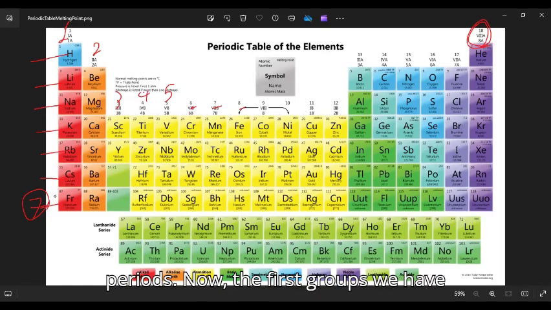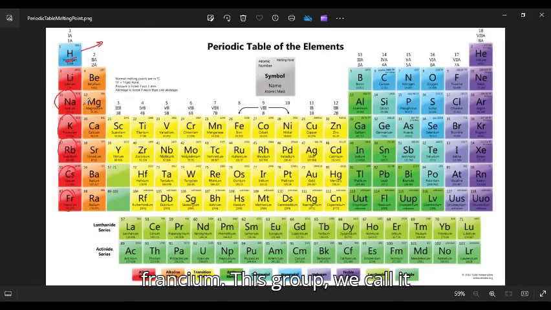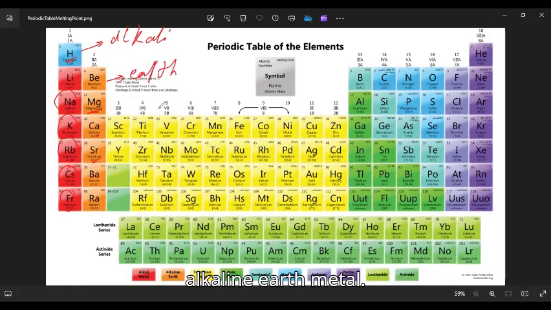Now, the famous groups we have here: group number one, which consists of hydrogen, lithium, sodium, potassium, rubidium, cesium, and francium. This group we call alkali metals. Group number two, with magnesium, calcium, strontium, we call alkaline earth metals.